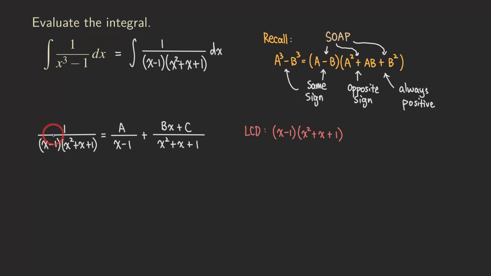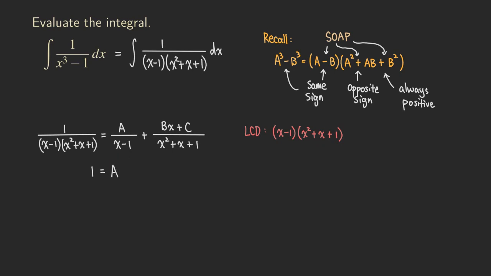So as you can see, when you take this left-hand side of the equation, you multiply by the LCD, the x minus 1 gets canceled, the x squared plus x plus 1 also gets canceled, right? So you are just left with just the 1 on this side. Okay, now what do we have on the right hand side? Now you can see that the x minus 1 will get canceled, and so you're left with the a in the numerator and also the x squared plus x plus 1 in the numerator.